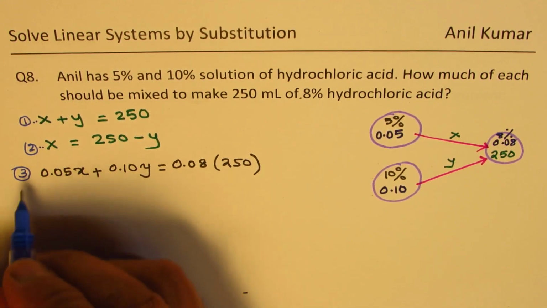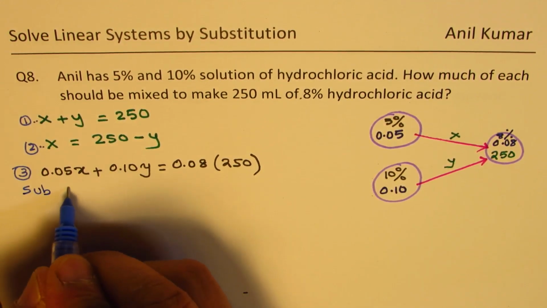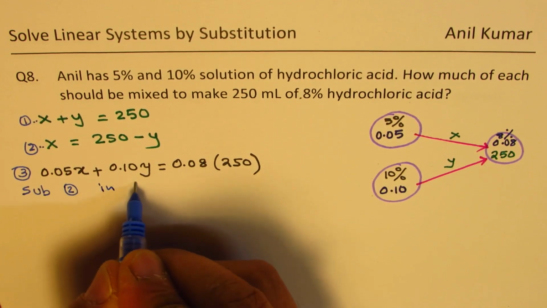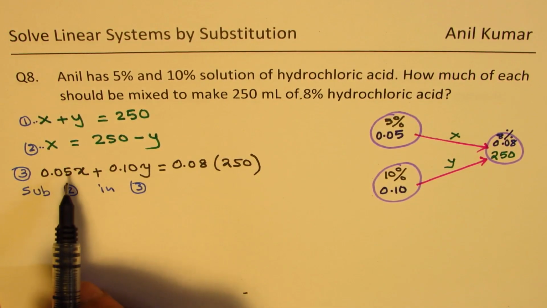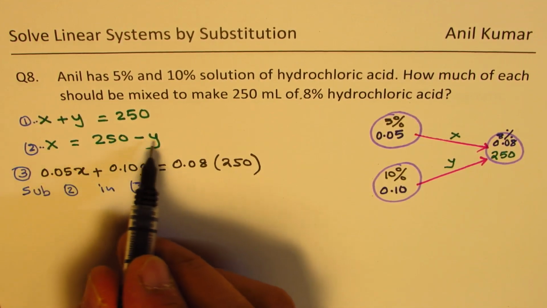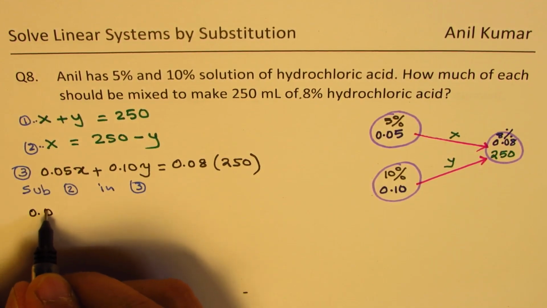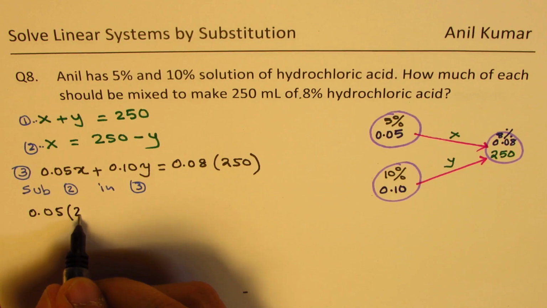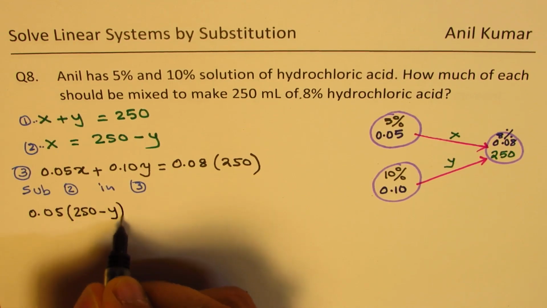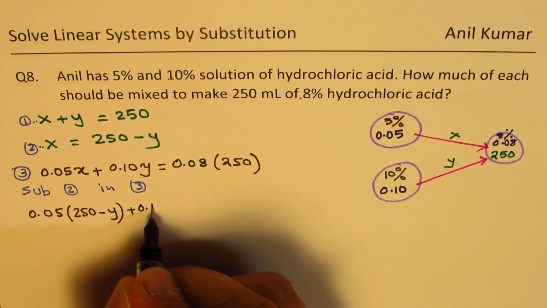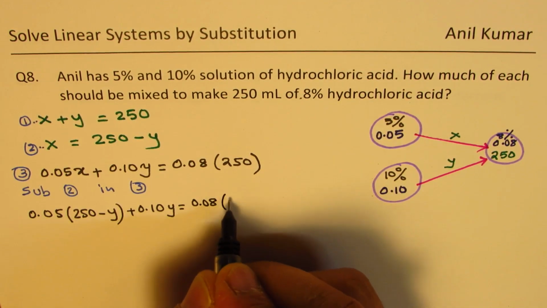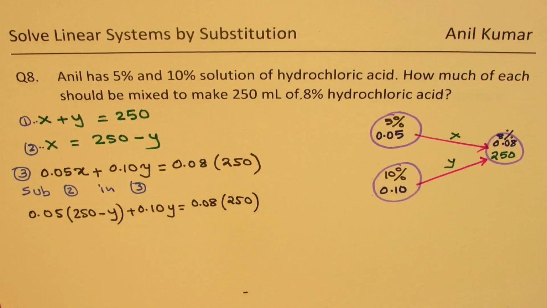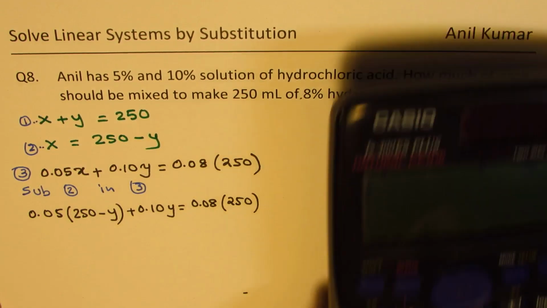Now we can substitute 2 in 3, eliminating x from the third equation. x is 250 minus y, so we could write this as 0.05 times (250 minus y) plus 0.10y equals 0.08 of 250. Clear? Let's open the bracket. We'll use the calculator again.